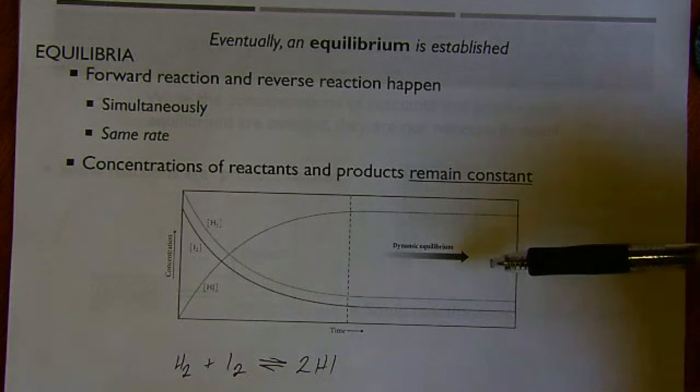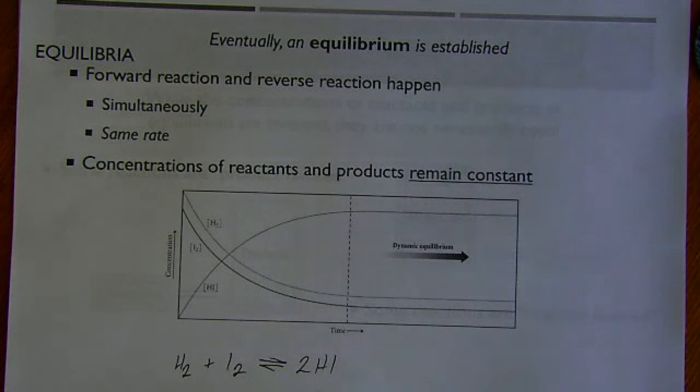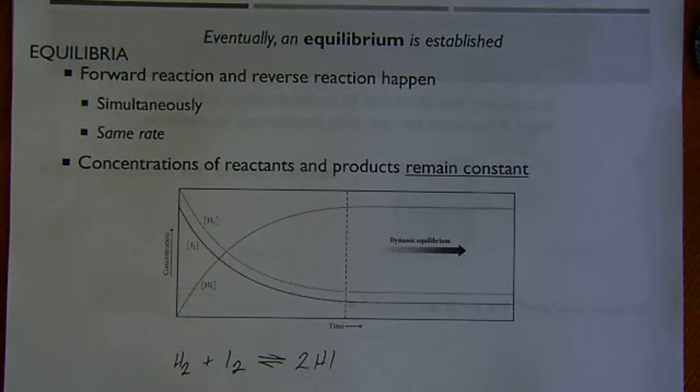So it's important to note that this is not a static point. This is a dynamic process. It's just communicating that at the same rate that hydrogen and iodine are combining to form HI, HI is reacting to reform the iodine and the hydrogen, so that the concentrations of your reactants and products are remaining constant with passing time.